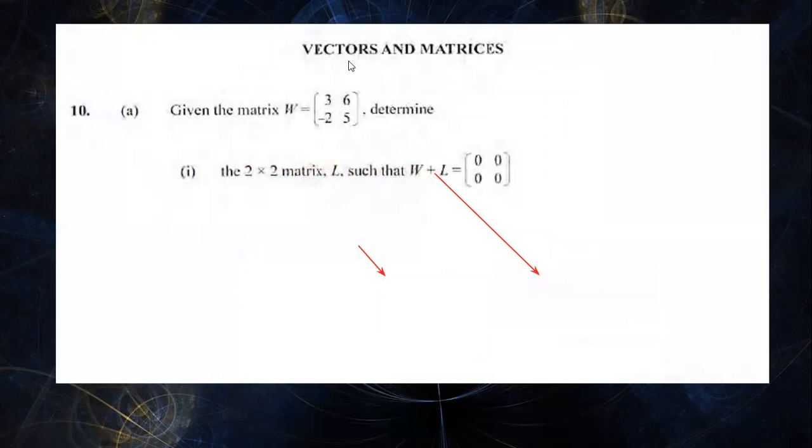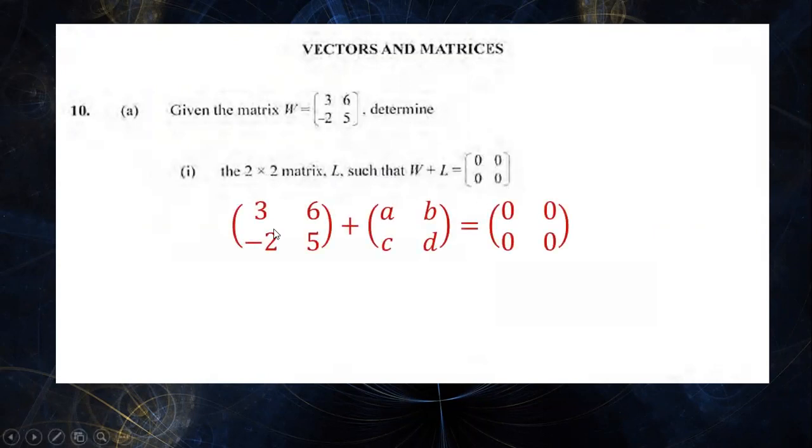So let's get to vectors and matrices. Given that W is equal to 3, 6, negative 2, 5, determine the 2 by 2 matrix L such that W plus L will give me 0, 0, 0, 0. Well, clearly, it's going to be 3, 6, negative 2, 5 plus E, B, C, D is equal to 0, 0, 0, 0.